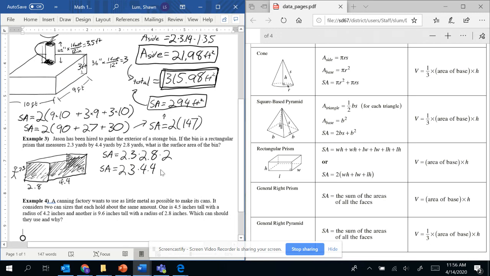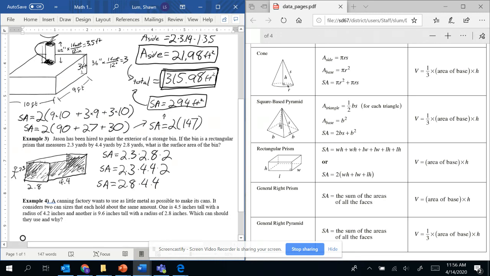Now there's this other one way over here as well, so again, times 2. And then the surface area of the ceiling right here is going to be 2.8 times 4.4.